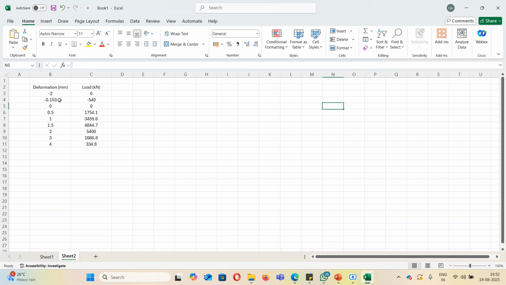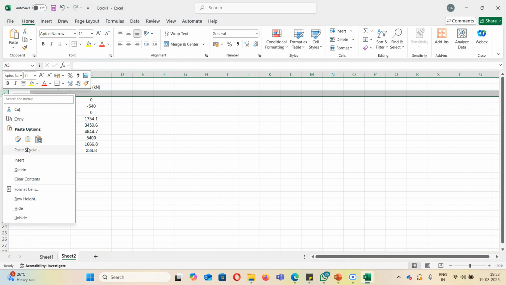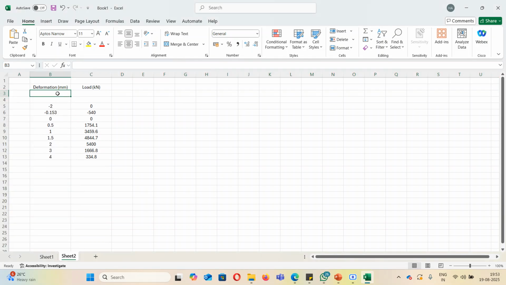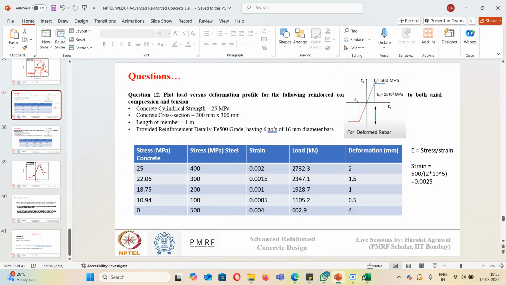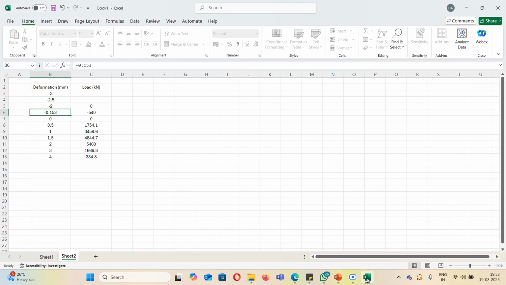Okay, so on the tension side, we have two more points now that I will add. So this is minus 3 and minus 2.5. Then this is minus 0.104, 0.5, and this is the same that we have kept.